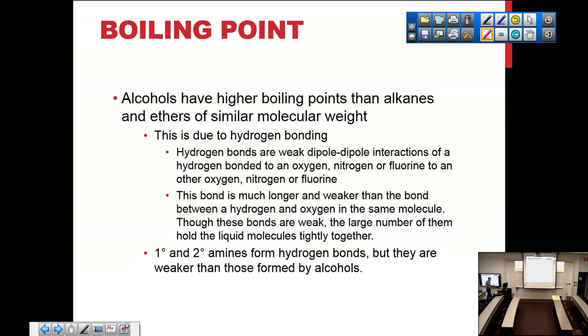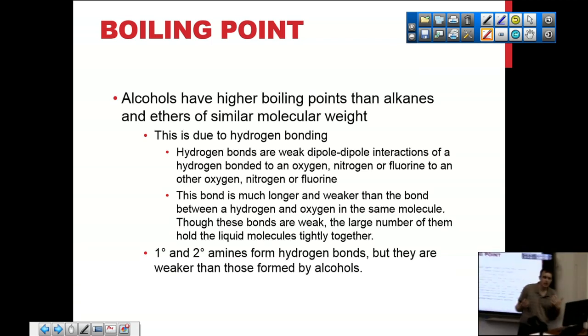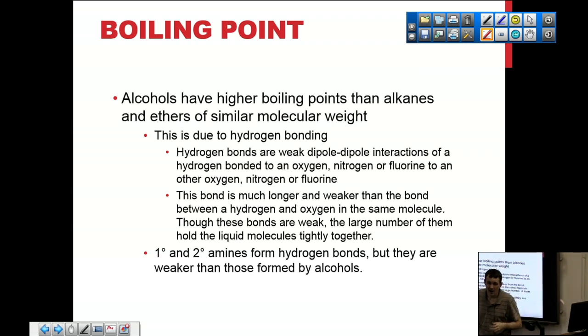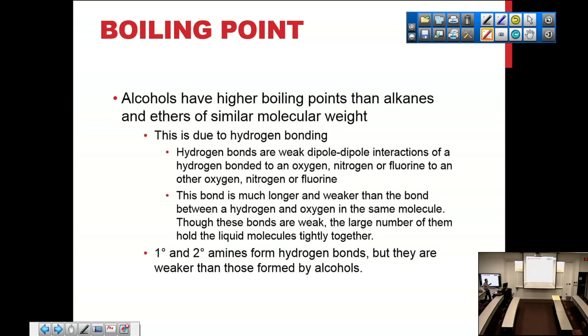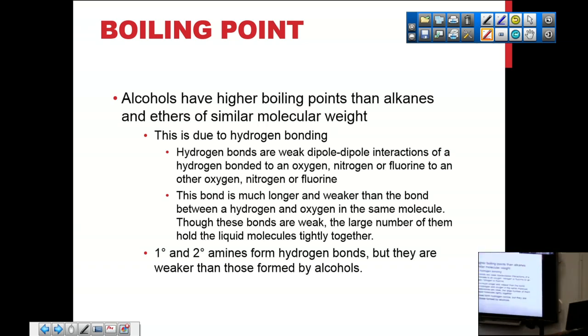A hydrogen bond is a weak dipole-dipole interaction between a hydrogen bonded to an electronegative element, like oxygen, nitrogen, and fluorine, to another oxygen, nitrogen, or fluorine.